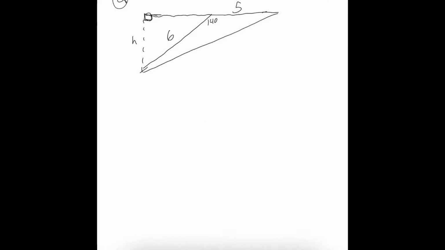And I need theta in this right triangle. We have a 90-degree angle. I need to know what this angle is beside the 140 degrees. And if you'll notice, these are supplementary angles on a straight line. So 140 plus 40. So here's my angle for theta.